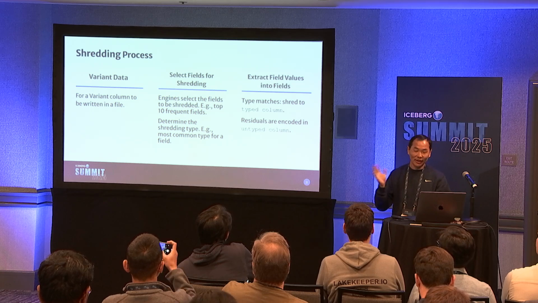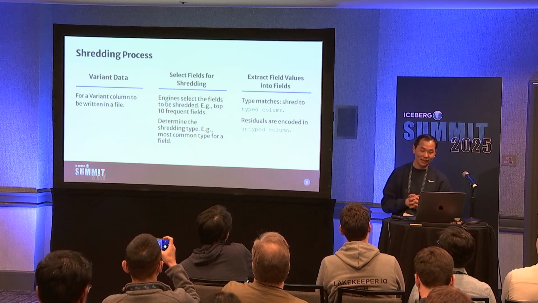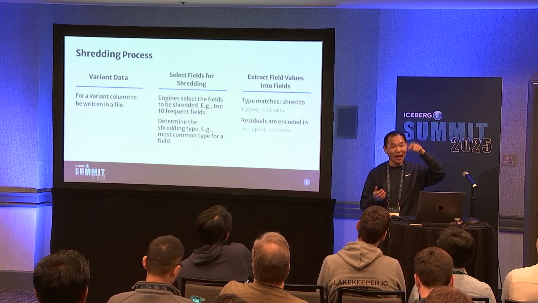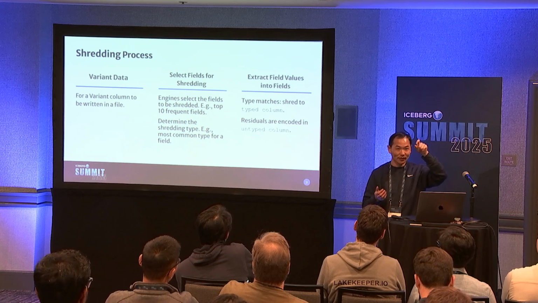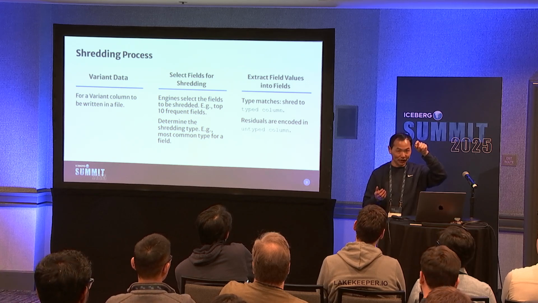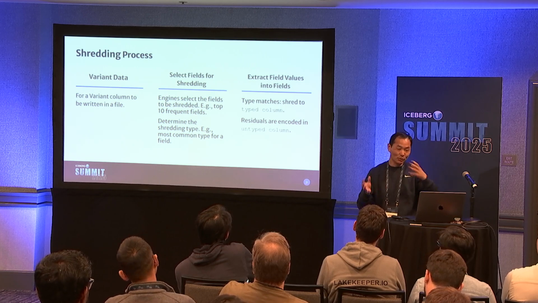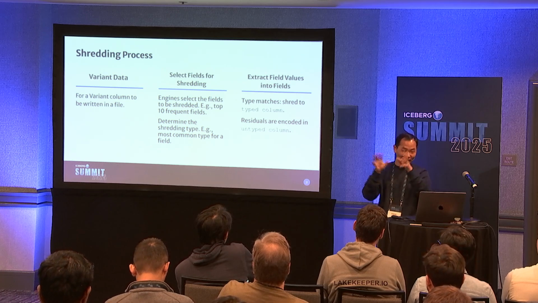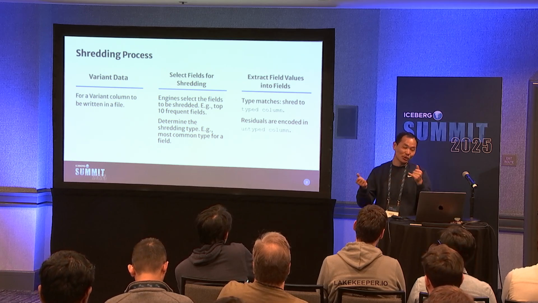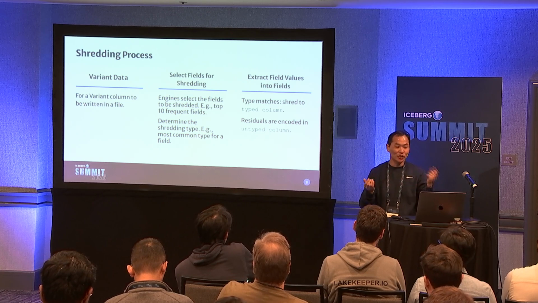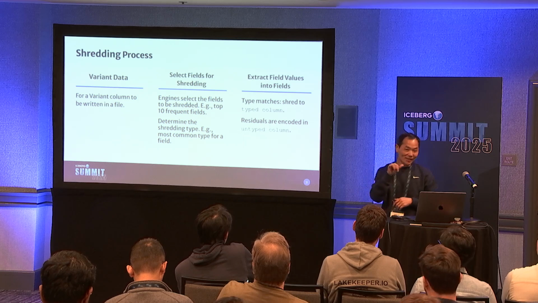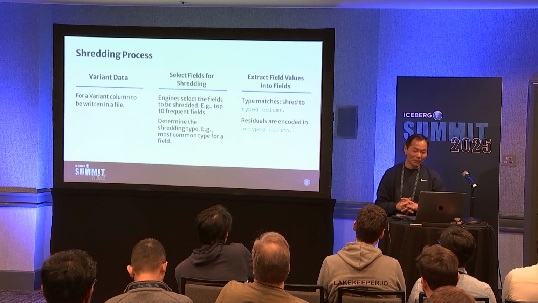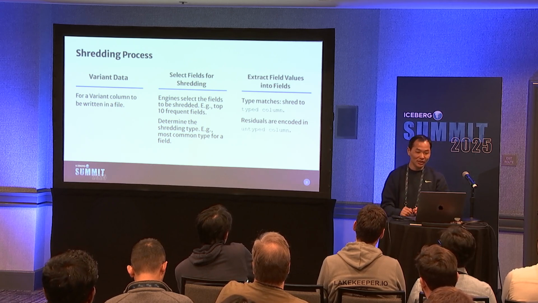But for Snowflake, the implementation is that within a file, we analyze the access patterns of each variant to find the common fields, and then choose, let's say, the top 10 or top 100, and then shred. But of course, that's not the only approach. It's really up to the engine to implement.